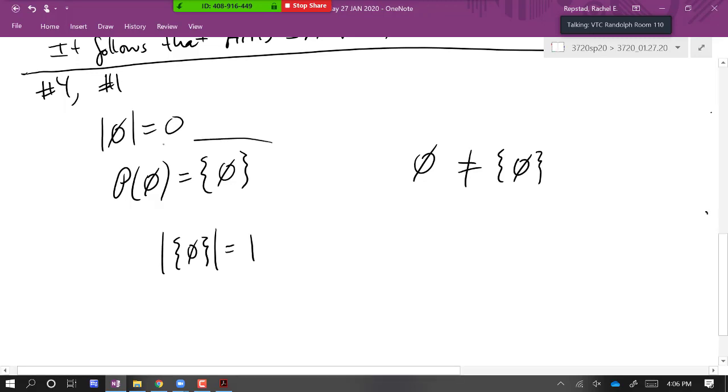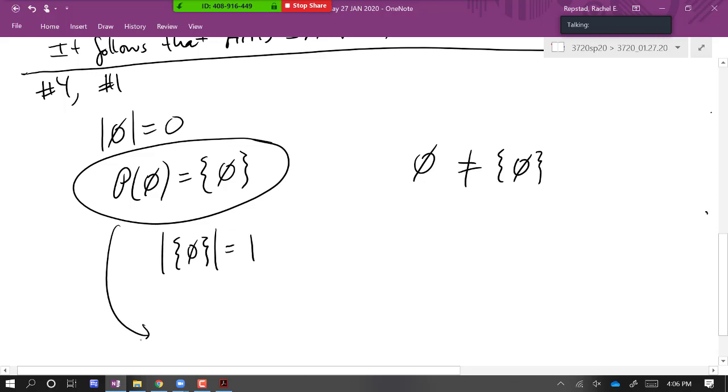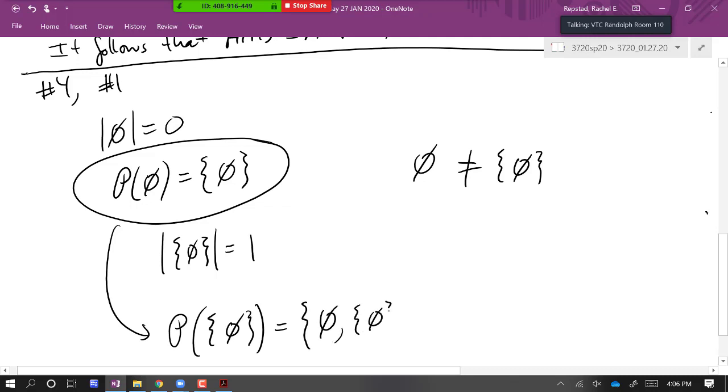What would be the power set of the set that contains the empty set? It's a set itself, so what do we get to include? The empty set, and the set that contains the empty set. Yeah, because they're different, right?